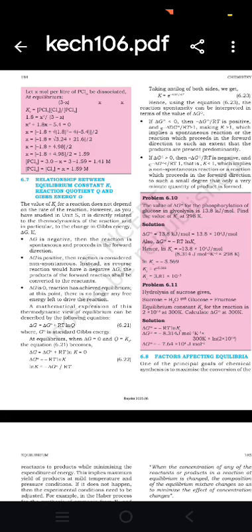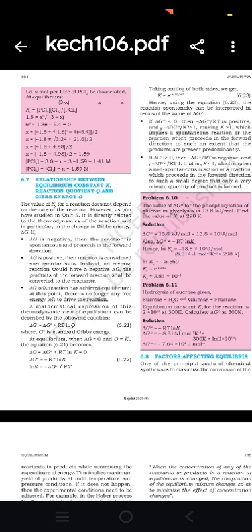If ΔG is less than 0, then −ΔG/RT is positive and e^(−ΔG/RT) is greater than 1, making K greater than 1, which means a spontaneous reaction, or a reaction which proceeds in the forward direction to such an extent that products are present predominantly.